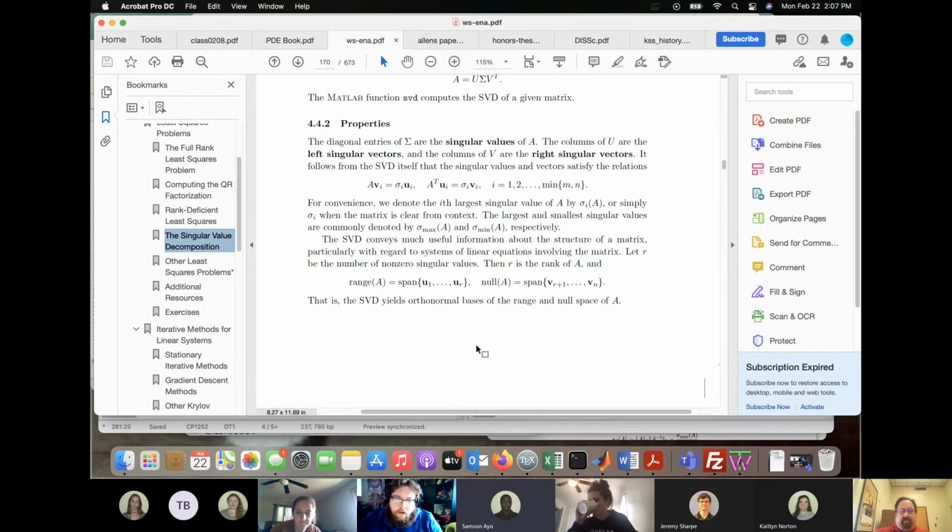Oh, I see. So this is for describing what exactly? Range? Yes, for instance, I want to write the range of this. Instead of writing span, I use sigma notation: sum of alpha_i u_i, i runs from 1 to r. Is it the same thing as the span of this?